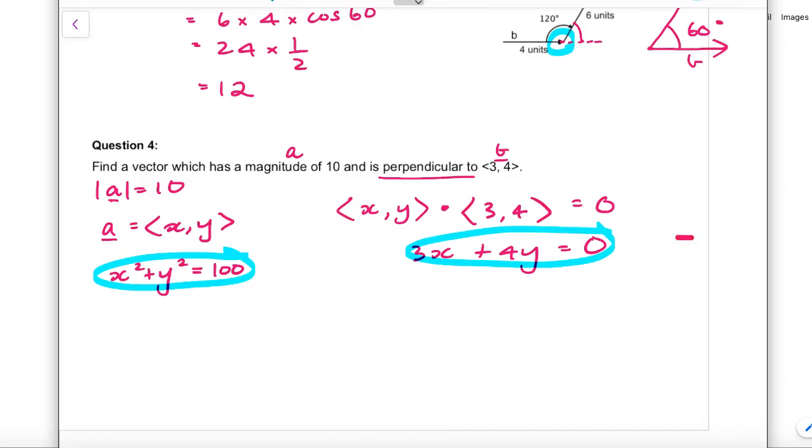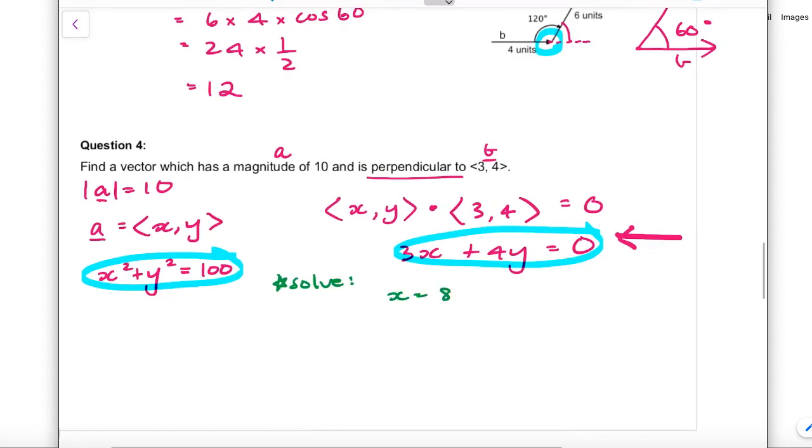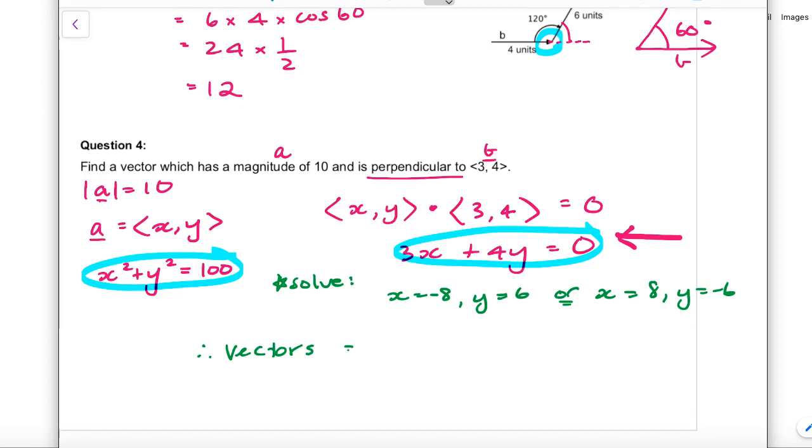I could rearrange this equation and then substitute it into the first equation I made, or I could use solve mode on my calculator, and I get x equaling negative 8 and y equaling 6, or x equaling 8 and y equaling negative 6. So therefore, I can define the vector that has a magnitude of 10 and is perpendicular to (3, 4) as either (negative 8, 6) or (8, negative 6).